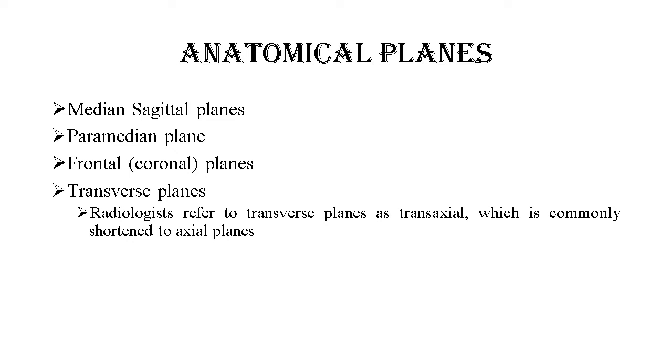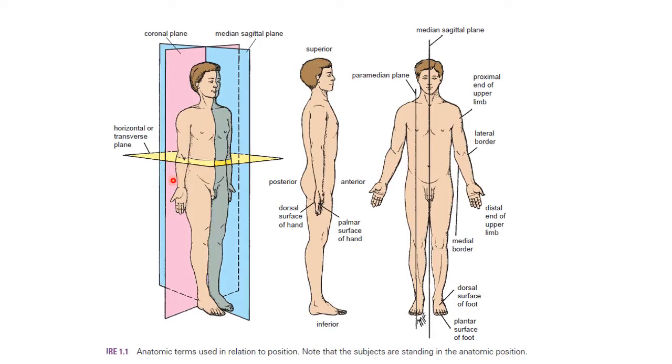In this image, you can see a person standing erect and looking anteriorly, and both the limbs are on the side of the trunk. The palm is facing anteriorly. Both the lower limbs are closer and the feet are facing anteriorly, lying parallel.